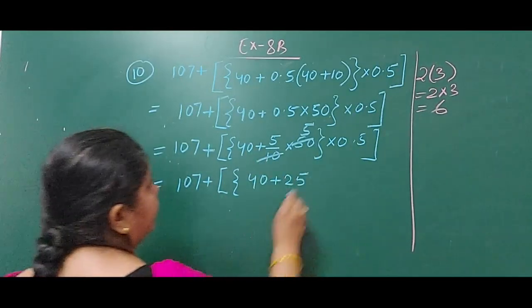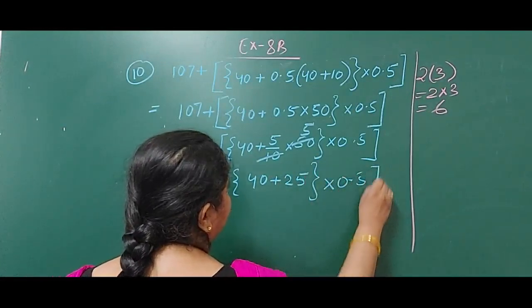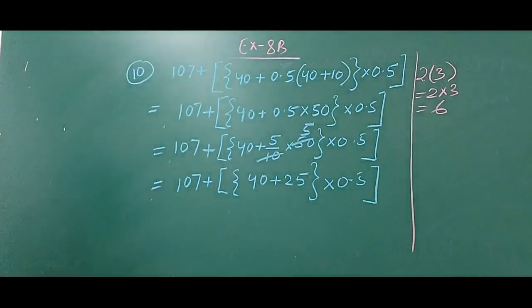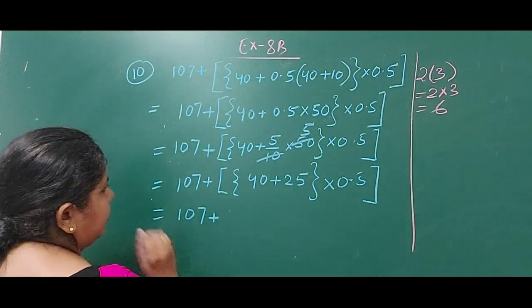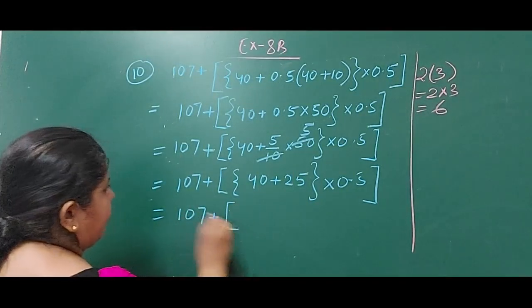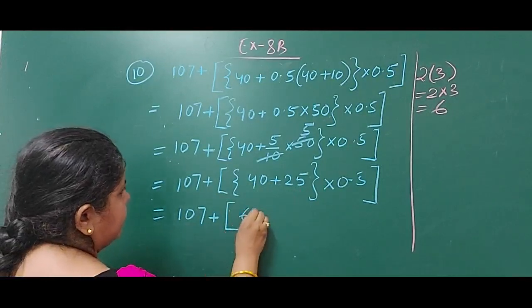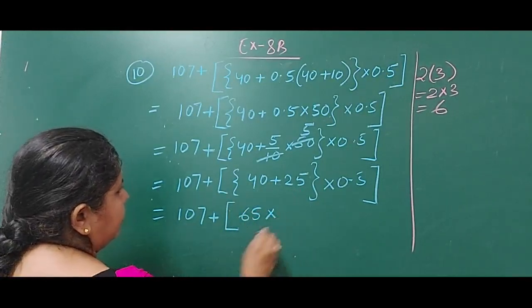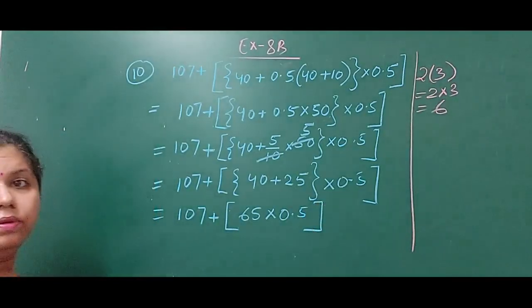Now close the curly bracket into 0.5, close this square bracket. Now that is equal to 107 plus, inside this square bracket, 40 plus 25 is 65. 65 into 0.5, close the square bracket.